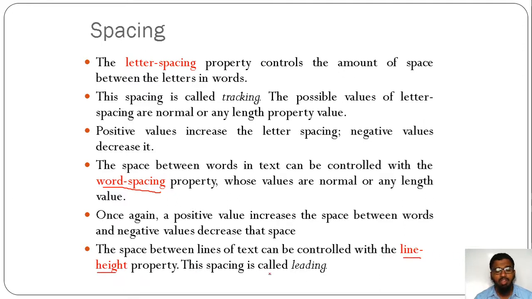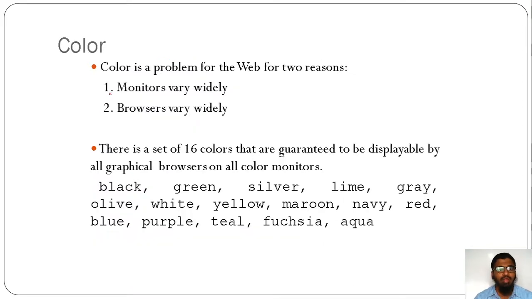The spacing is called leading. Okay, and we can give the color. Color is a problem for the web for two reasons: monitors vary widely and browsers vary widely. There is a set of 16 colors that are guaranteed to be displayed by all graphic browsers on all color monitors.